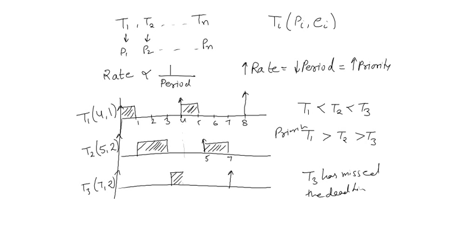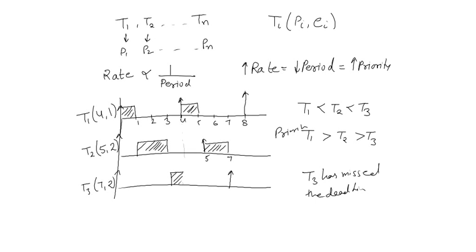Given the tasks, you should know whether these tasks are schedulable for a given period and execution time. First we have to define something called schedulability. Schedulability means, given the period and execution time of any task, we should determine whether the task can be executed or not.